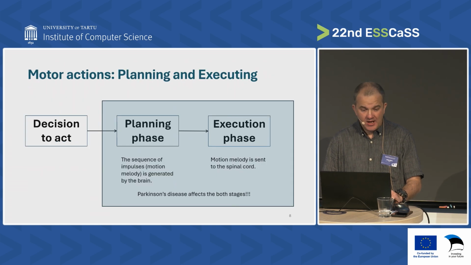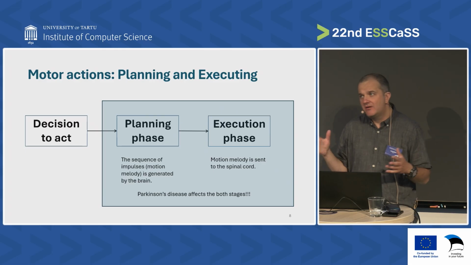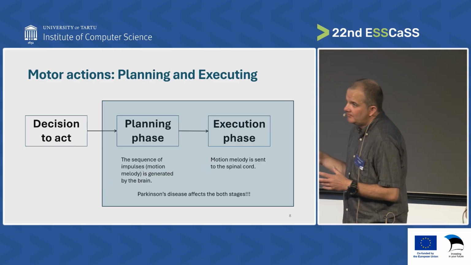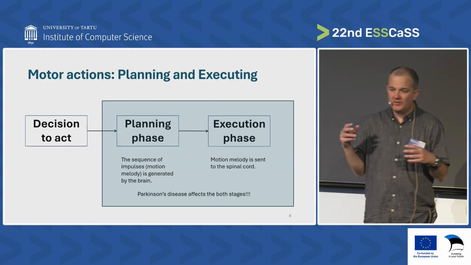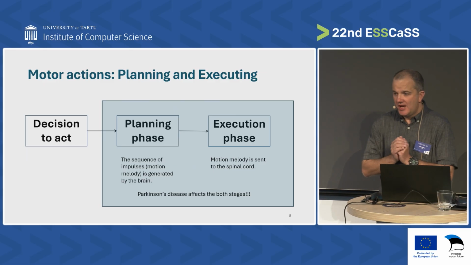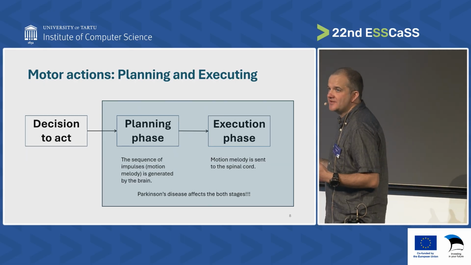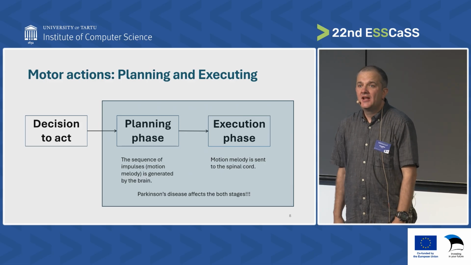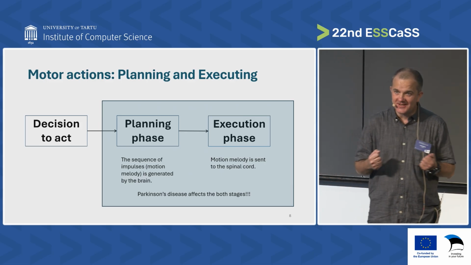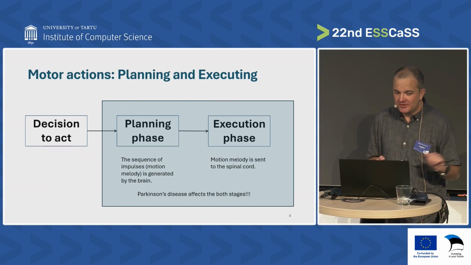So what is our background knowledge which we used in order to implement all the parts of the workflow identified before? The first part, the question is how we move. The first is decision. For example, I'm hungry and I decide to walk to the fridge, assuming that there is food, so I would like to take it. But this part, decision, we're not touching.